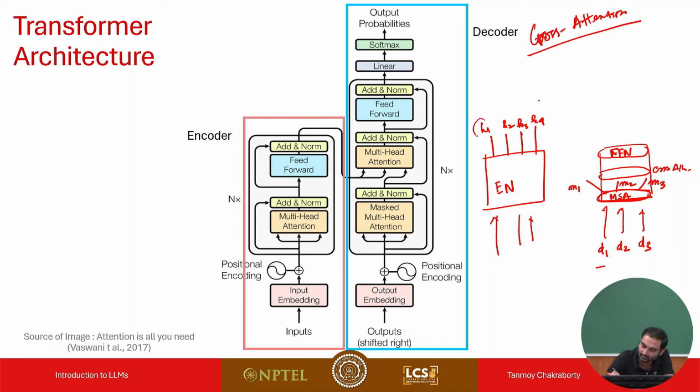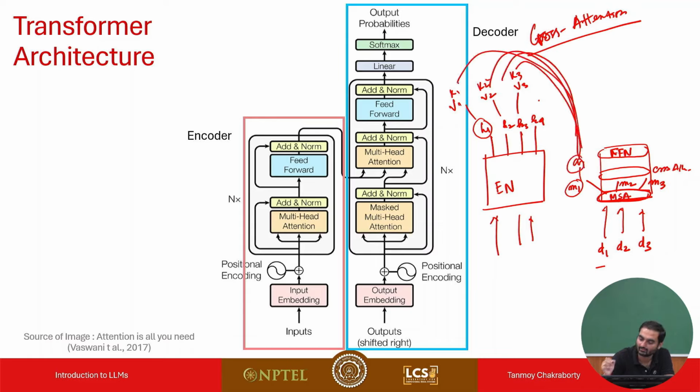Meaning that from here you will generate key and value, K1 V1, K2 V2, K3 V3. Again, you need another set of parameters. And from M1, we generate Q1. So Q1 will attend to all the keys in the encoder. Similarly, Q2, which will be generated from here, will attend to all the keys in the encoder, and so on and so forth. This is called cross attention.